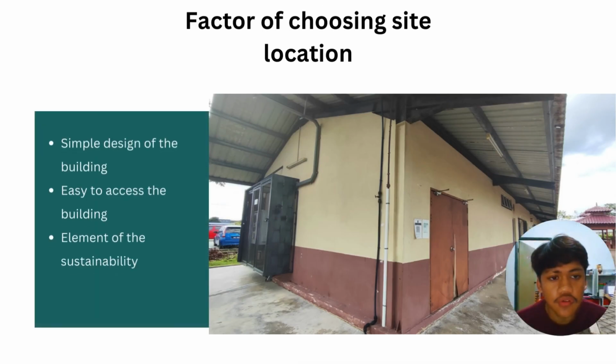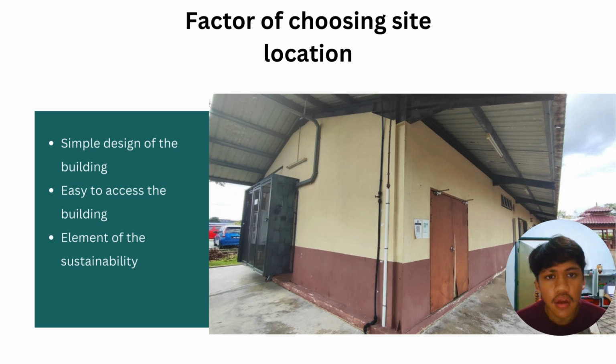The factor for choosing this site is the building design. The design is simple for us to analyze and discover more about the mechanical systems, which are the plumbing system, HVAC system, and fire protection system. Next is easy access to the building. As a group, we can easily investigate this location without taking permission from the organization above.